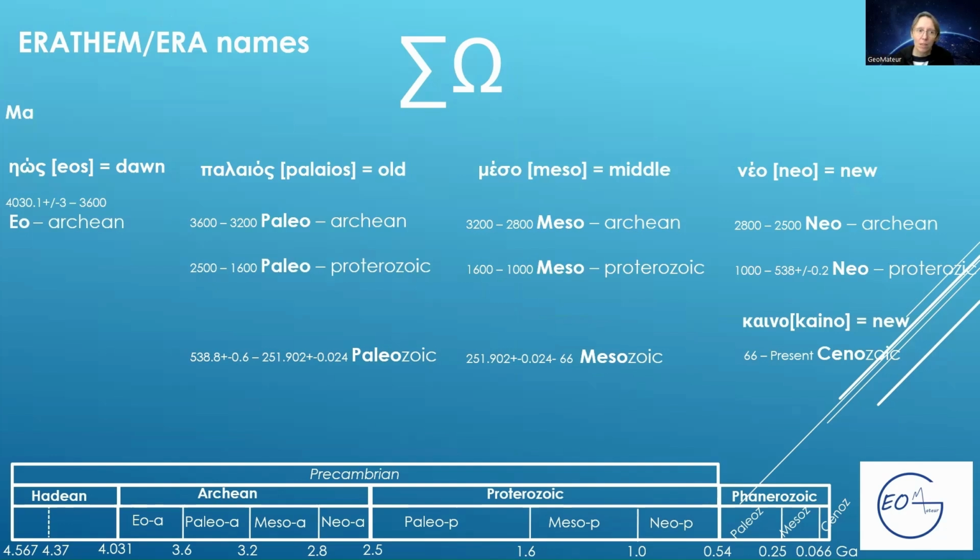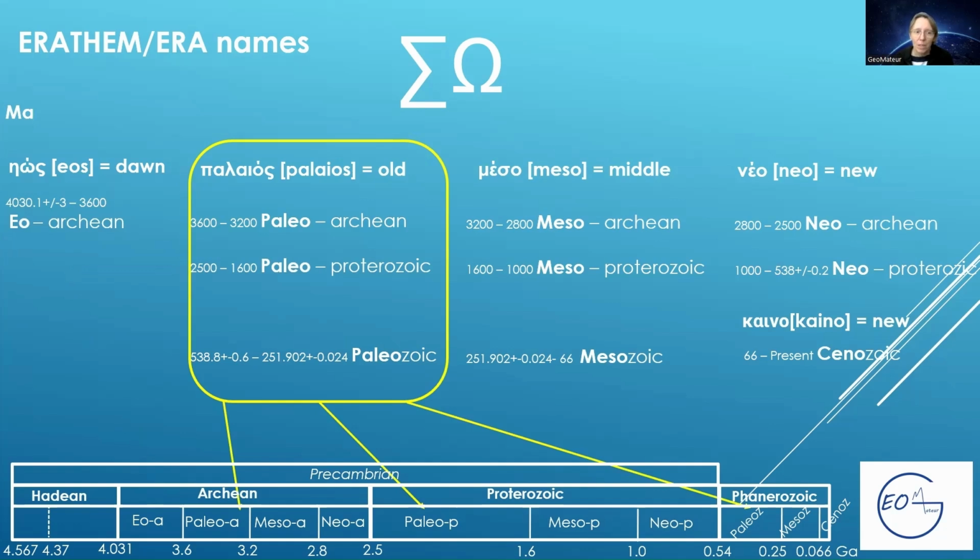And now we are going to analyze the names of erathems or eras. All of them come from Greek. Eos means dawn and is used to describe the first subdivision of Archean, Eoarchean. Paleo comes from the Greek word meaning old, and it is used to describe Paleoarchean, Paleoproterozoic, and Paleozoic.